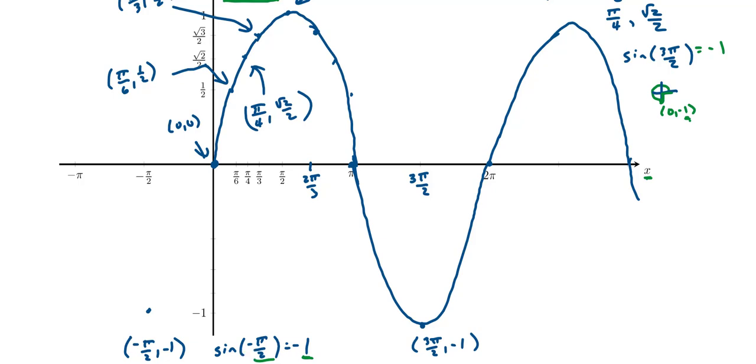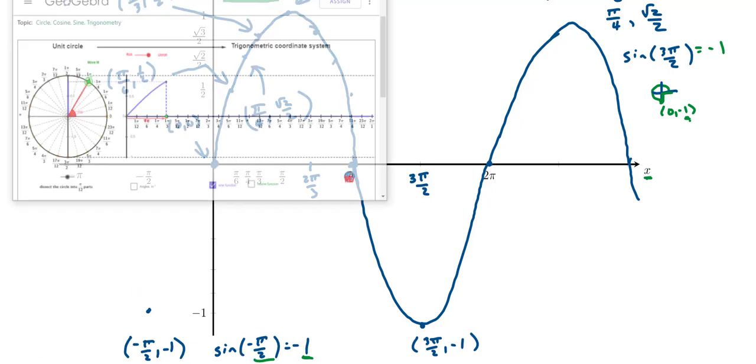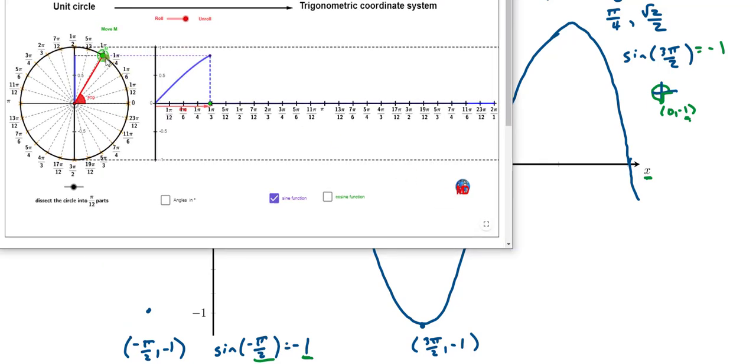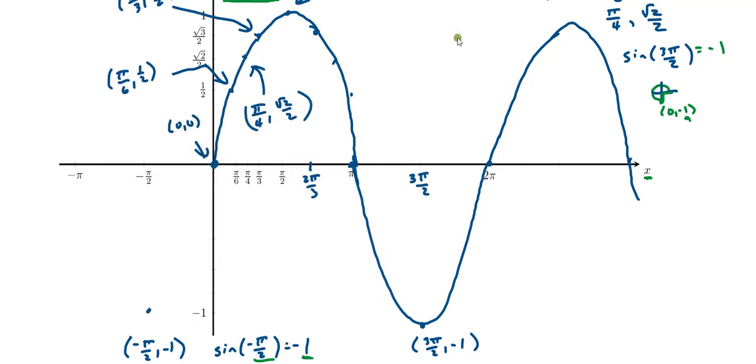So again, folks, one thing that's really valuable to understand is the connection between the unit circle values on here and how we go ahead and construct the graph of the sine of x.